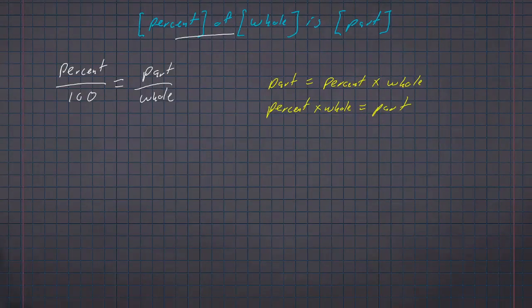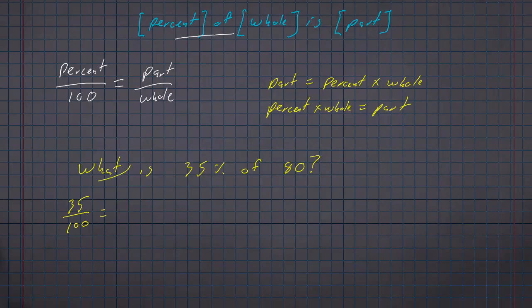So to explain, if the problem asks something like, what is 35% of 80? To write this as a proportion, we would get 35 over 100 equals what?